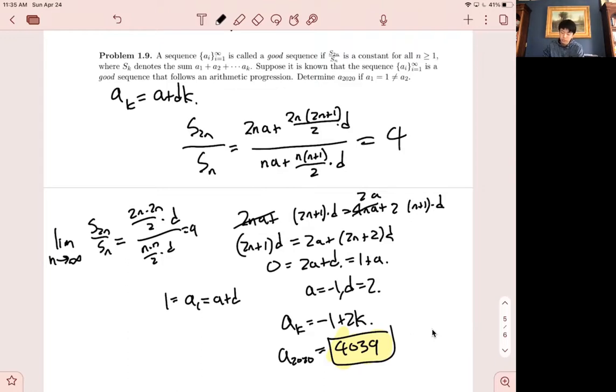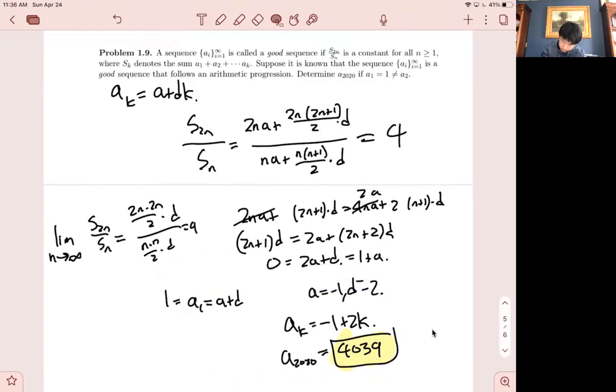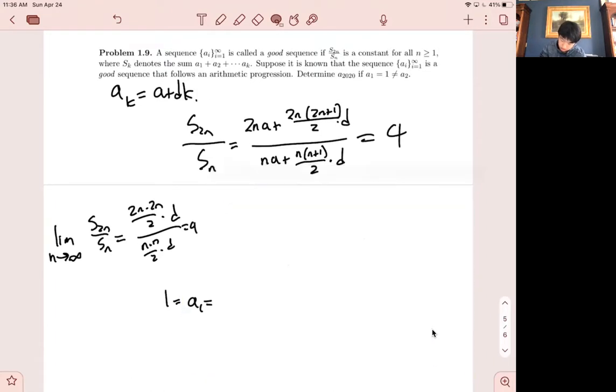And then now you can cross multiply and expand. Wait, I'm just going to rewrite this. So we get 2na plus n times 2n plus 1 d is equal to 4na plus 2n times n plus 1 d.